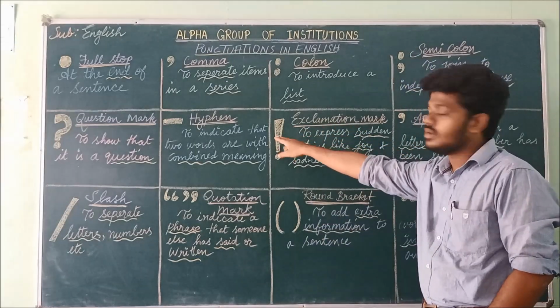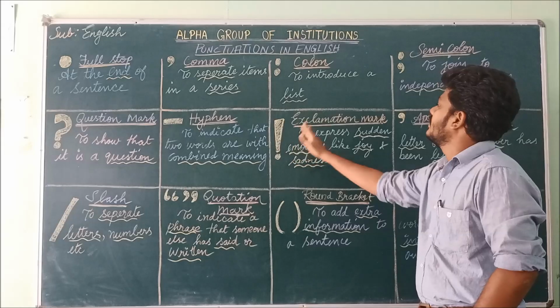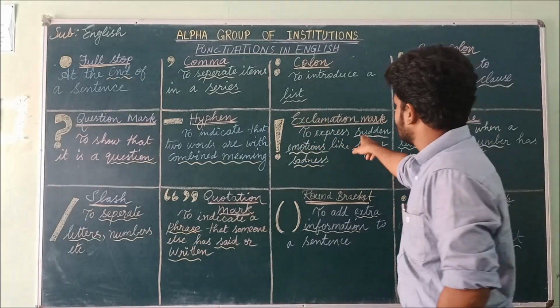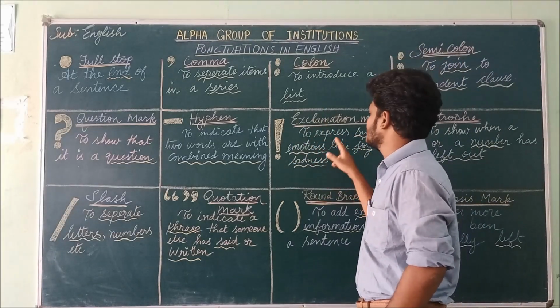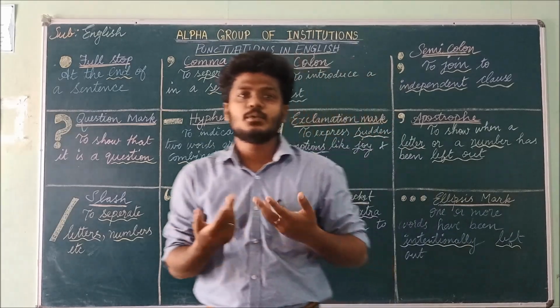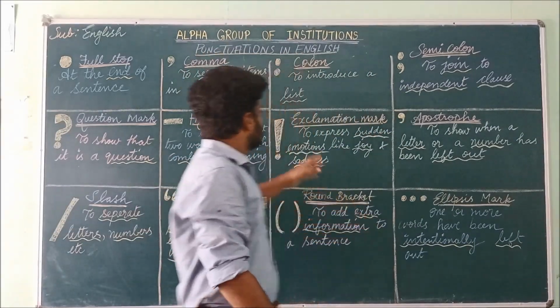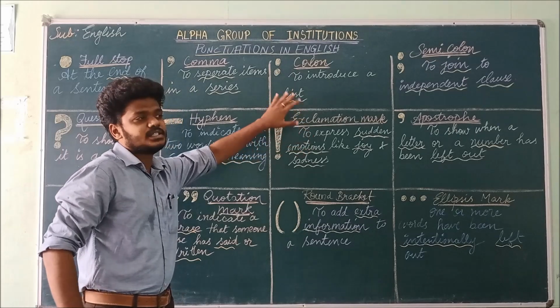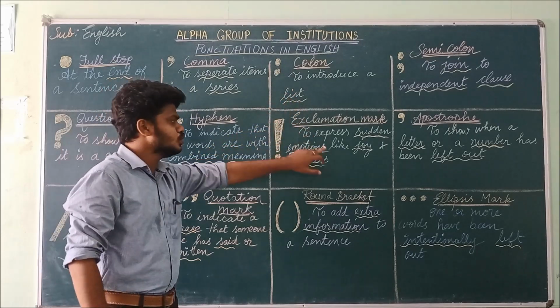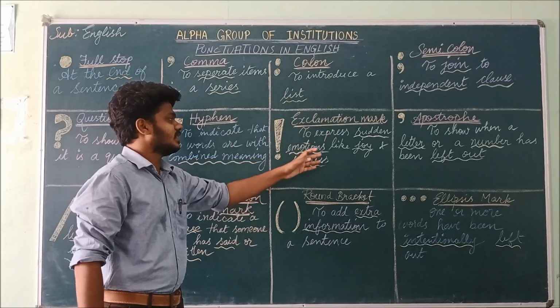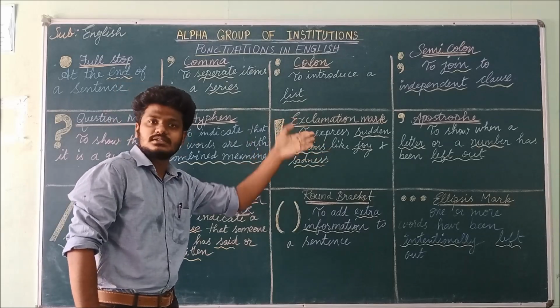Exclamation mark, you already know. It is used to express sudden emotions like joy, sadness, and other emotions, or a sudden outcry. It is a sign that denotes a sudden emotion like joy or sadness. Clear?